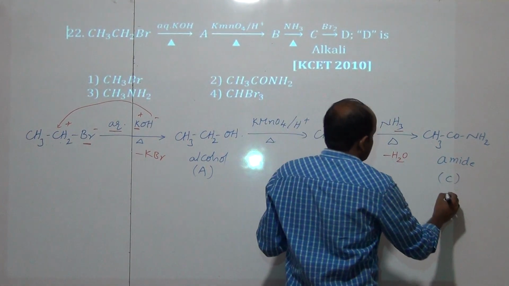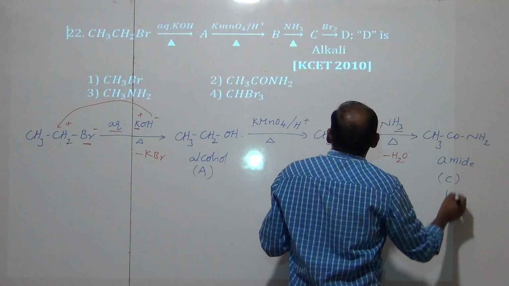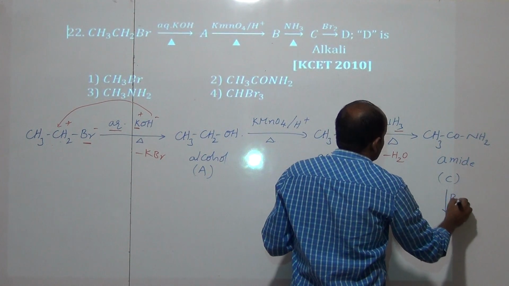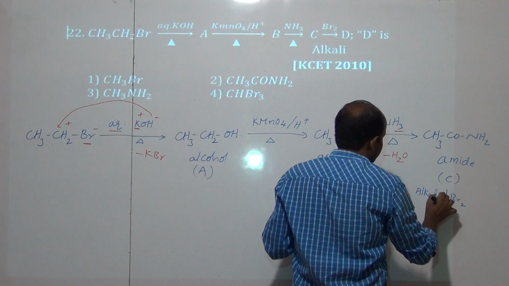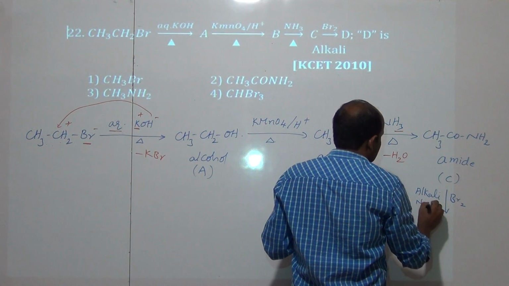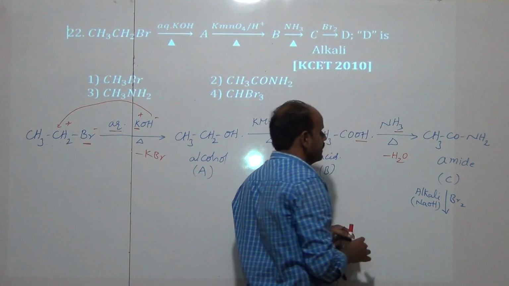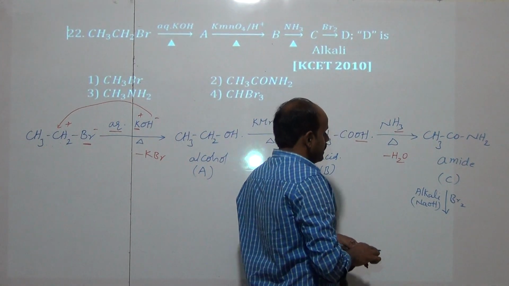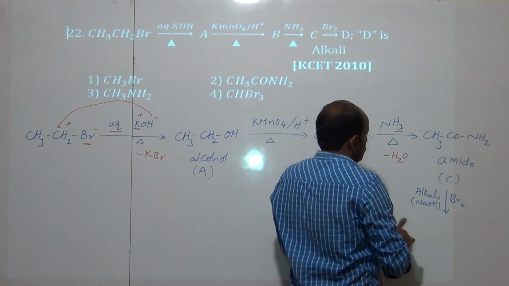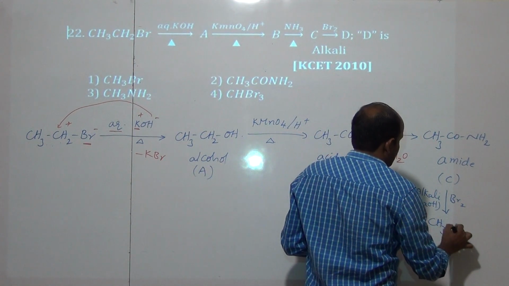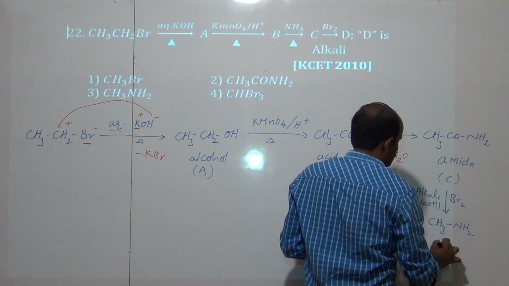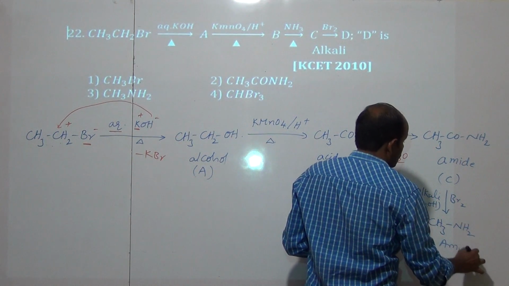Again, this amide reacts with bromine in the presence of alkali like NaOH or KOH. Then it is converted into an amine.